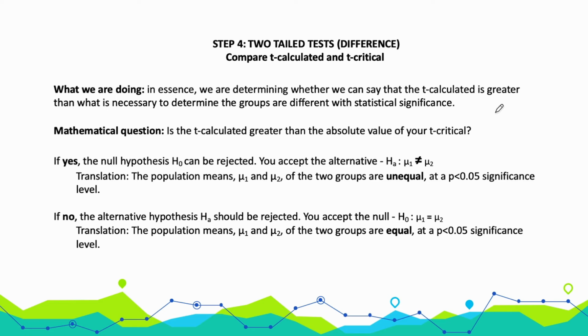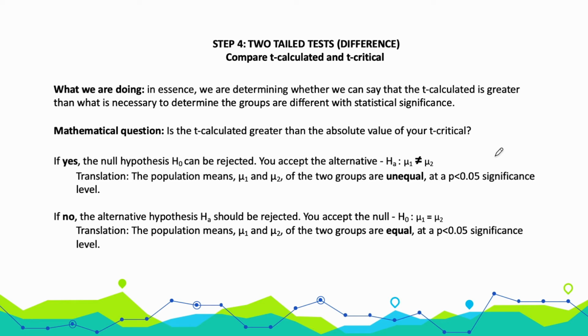Next, we compare t-calculated and t-critical. What we are doing, in essence, is determining whether we can say that t-calculated is greater than what is necessary to determine the groups are different with statistical significance. Our mathematical question is: is the t-calculated greater than the absolute value of your t-critical?